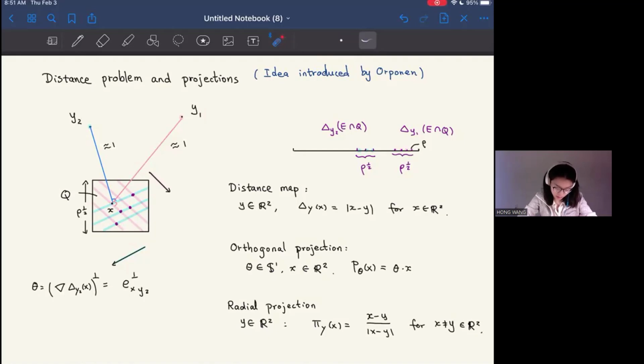Then we do some kind of projection that is orthogonal to the vector from x to y1. These pink strips are the level sets of the distance map defined by delta_y(x) equals the distance between x and y.